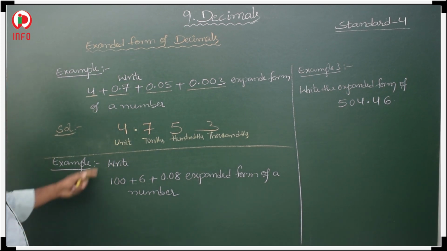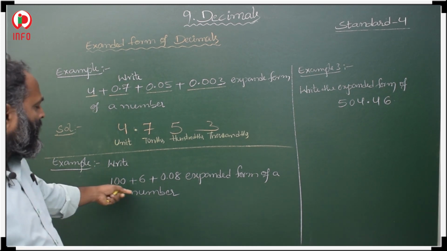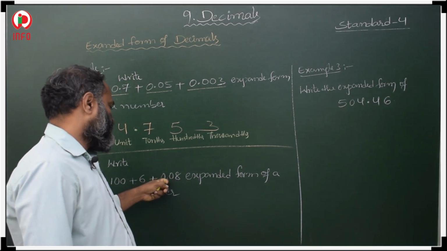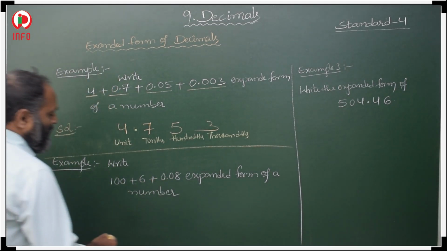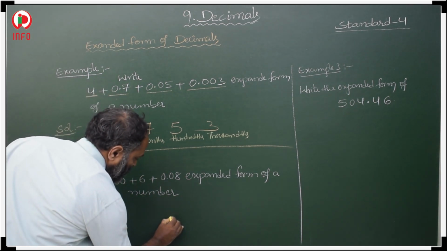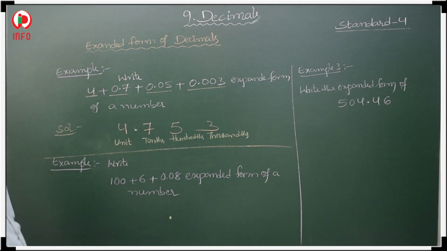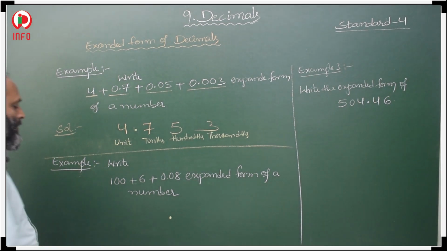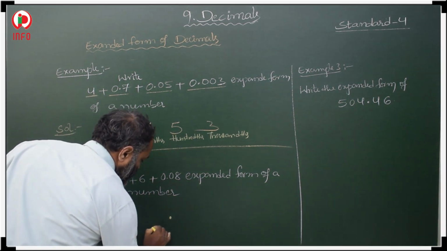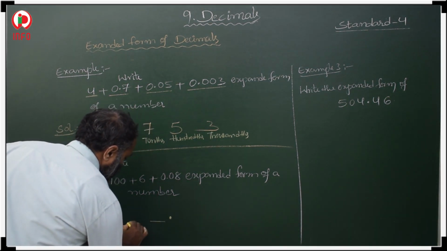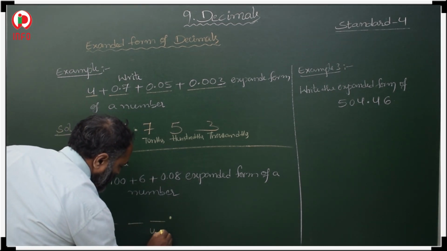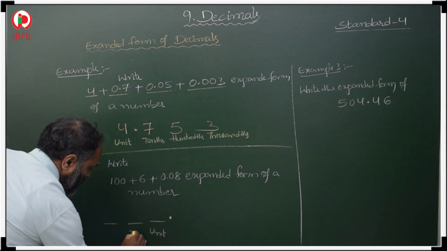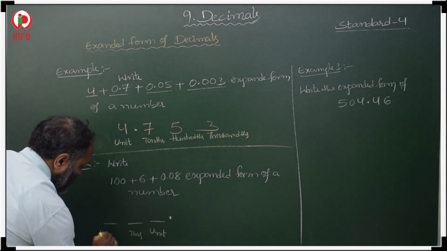Now here 100 plus 6 plus 0.08 is given. This expanded form is given, and we have to write it in decimal form. So here the first place is the units place, then the tens place, then the hundreds place.